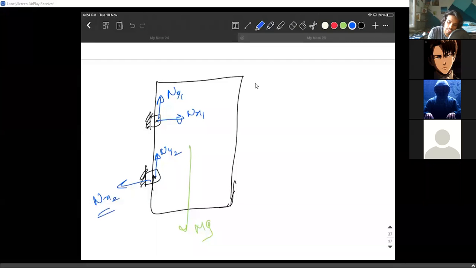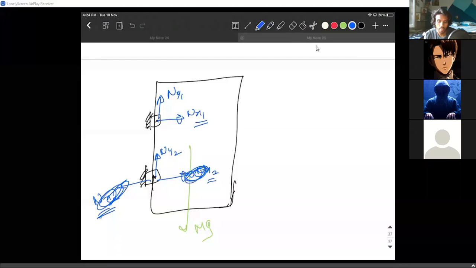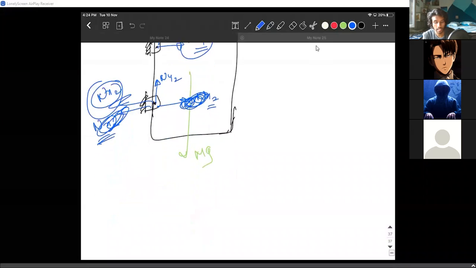The reason why I'm taking Nx1 and Nx2 in the opposite directions is that if this Nx2 is also in this direction, there is no horizontal force that balances the almara. When you're doing this problem, you'll clearly understand why I'm doing this. Just remember to take this normal force in the opposite direction, Nx1 and Nx2, and solve the problem, you'll clearly get it.